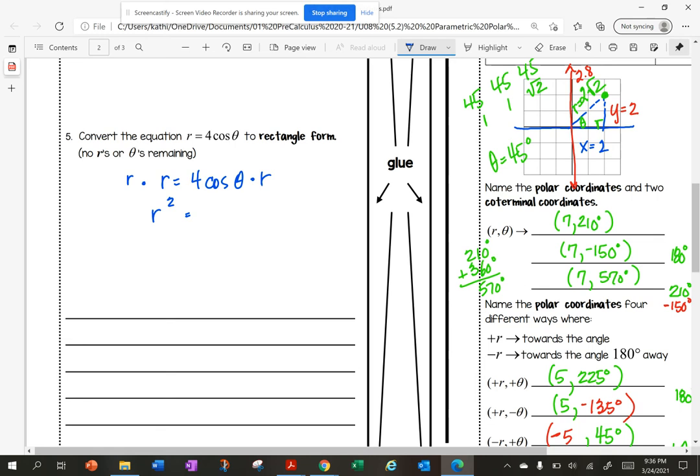And then I'm going to rearrange, and I'm going to put this with the r in front of cosine. So 4 times r cosine of theta. So I know r cosine of theta is x, and I know r squared is x squared plus y squared, so 4x. Here we go. I got rid of r and theta. That's it.